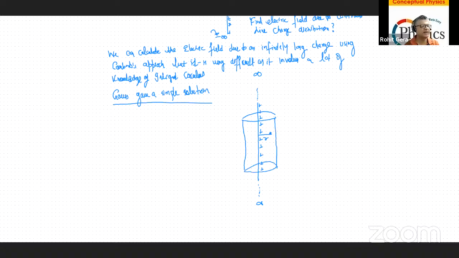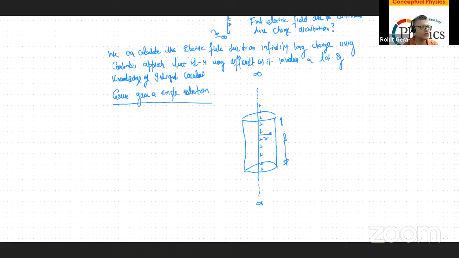He said, let the length of the cylinder be some value, L. And he said all these charges have an electric field, and electric field also has a flux associated with it. Then he said, I'm going to apply the Gaussian law to this cylindrical Gaussian surface.